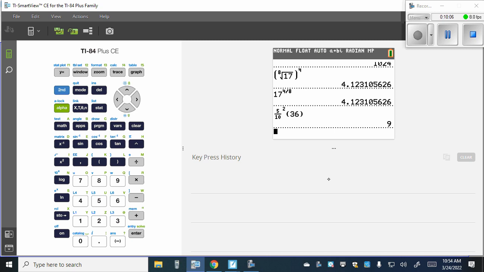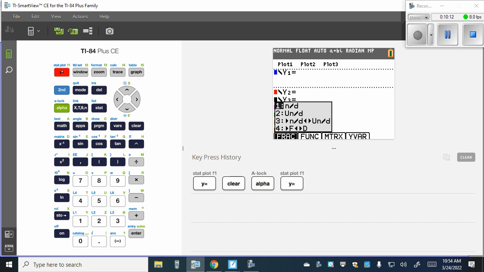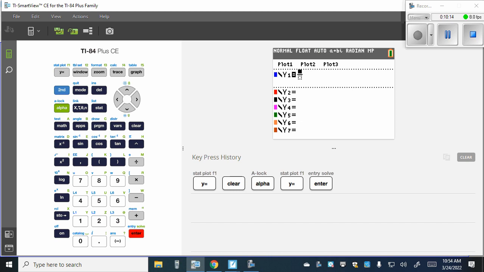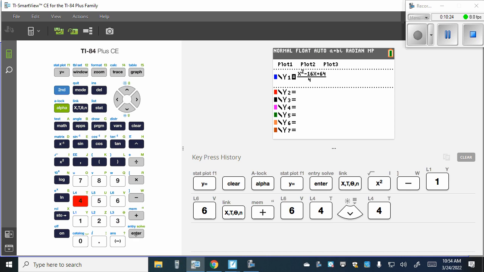And what's interesting is, I'm going to use the graphing calculator to show this. If we look at this function, y equals x squared minus 16x plus 64 all over 4, because that's our function, yes?